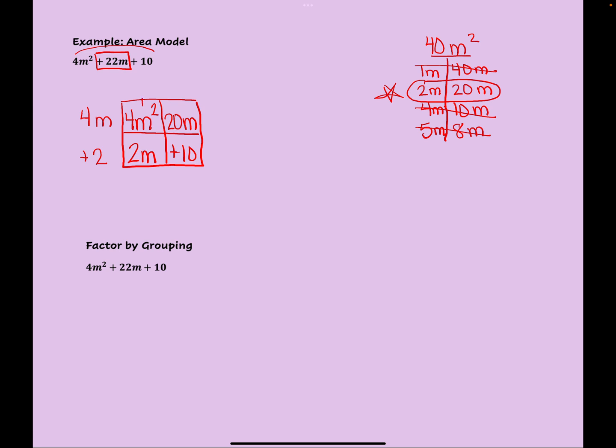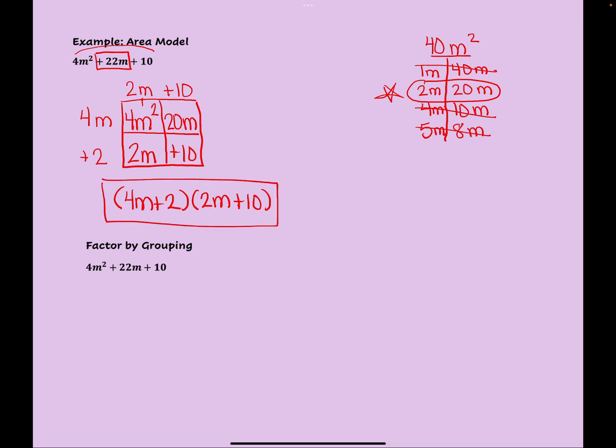Now, the first column, they can both be divided by 2, and they both have m. So my GCF of that column is 2m. 20m plus 10, they both have a GCF of 10. So I have 4m plus 2, and I've got 2m plus 10. Those are the factors.